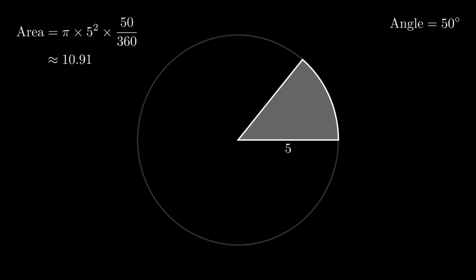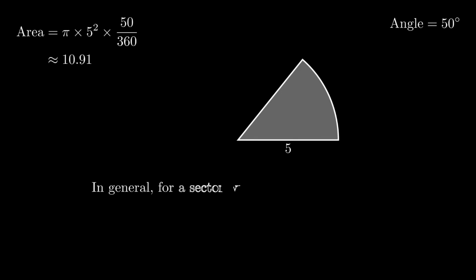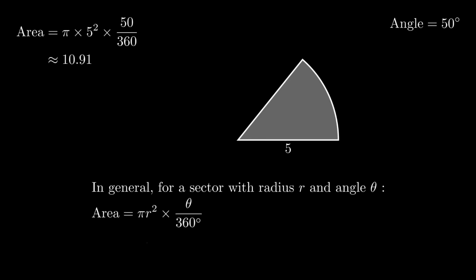and so we can now work that out to be 10.91. Now, in general then, if we have a sector with a radius r and an angle of theta, the area will be this formula here: pi r squared multiplied by theta over 360 degrees.